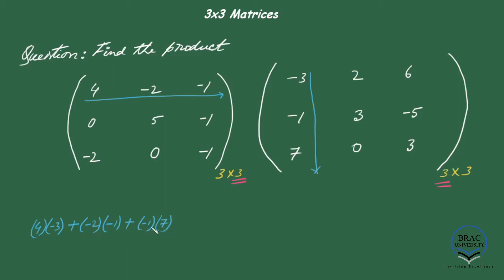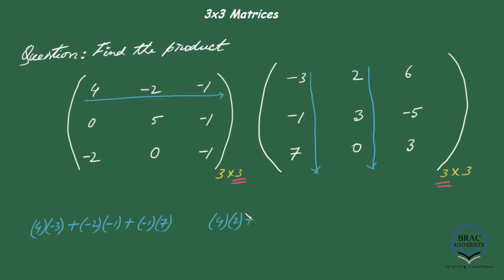Now this selected row will hit the second column as well. When we're working on the second column, it will produce an element over here, which is the second element of the first row of the new matrix that we are trying to construct. The first element of this selected row will be multiplied with the first element of this newly selected column of the second matrix, so that's 2.